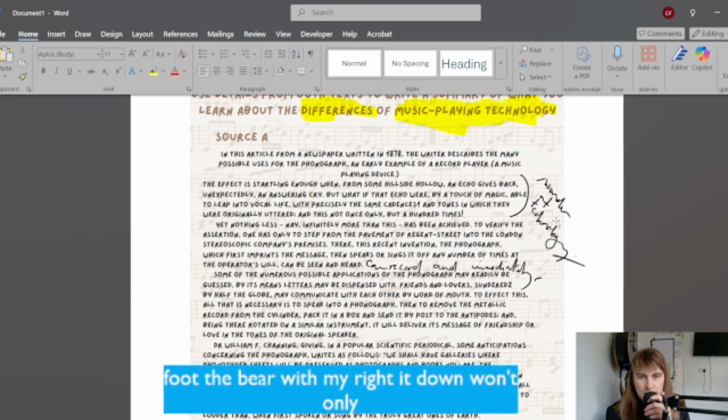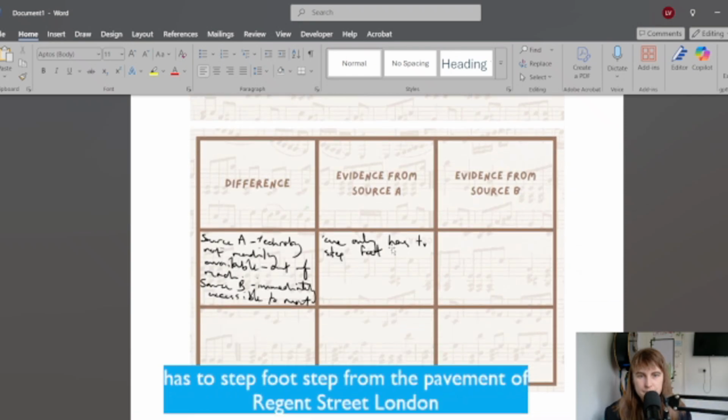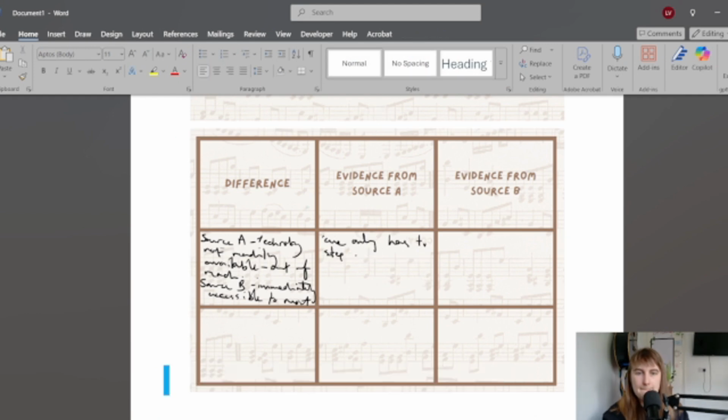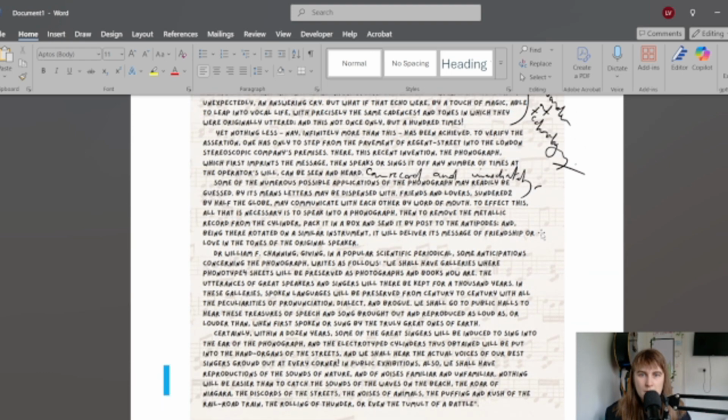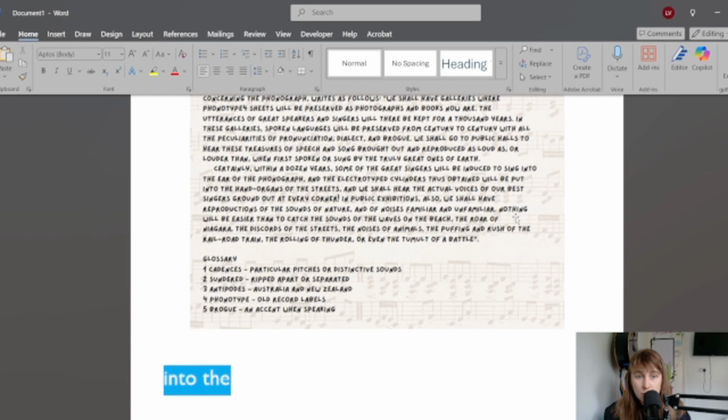One only has to step from the pavement of Regent Street, London, into the London Stereoscopic Company's premises.